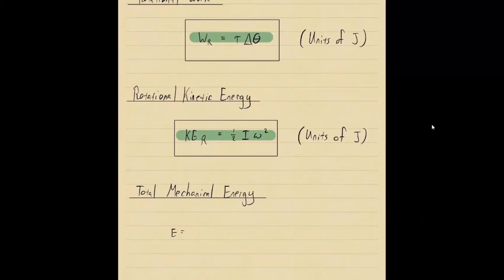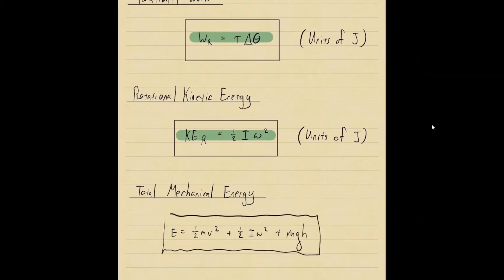The total mechanical energy is equal to its kinetic energy, 1/2 mv squared, plus its rotational kinetic energy, plus the gravitational potential energy, mgh. So now we're adding in the possibility that our object can rotate.